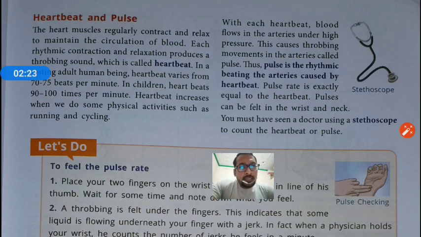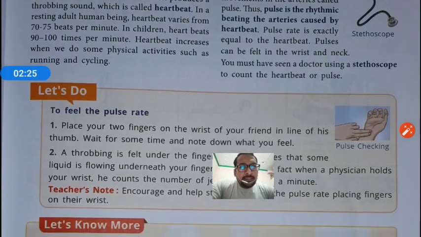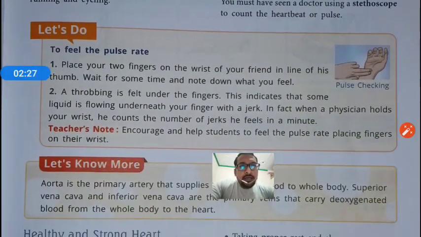Okay, let's do an activity now. Here you have to feel the pulse rate. Place two fingers on the wrist of your friend or yourself, in line with the thumb. Now wait for some time and note down what you feel.